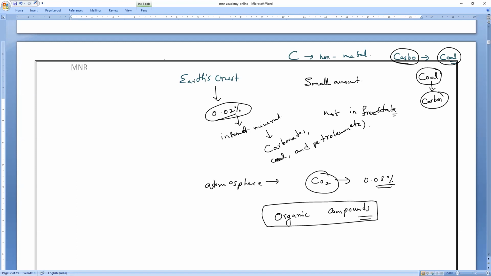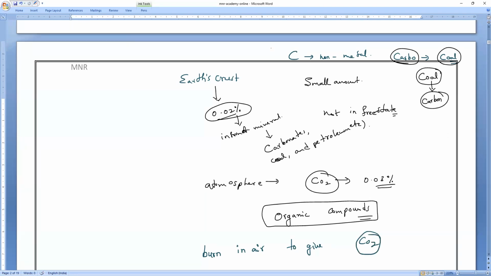If you want to test the presence of carbon in any material, food items, fuels, materials you are using, dresses you are wearing, to check whether it is a carbon compound or not, it is very simple. If you burn them in air, they will give you carbon dioxide gas.